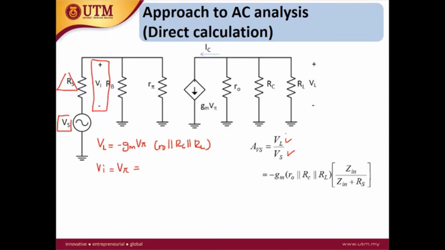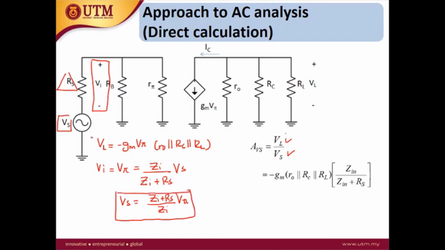The related impedance or resistance at the input port is Zi. So we will use the Zi to do the voltage division. So V pi is Zi over Zi plus Rs times Vs. And then you get Vs is equal to Zi plus Rs over Zi times V pi. So this is the first equation, and then the second equation.